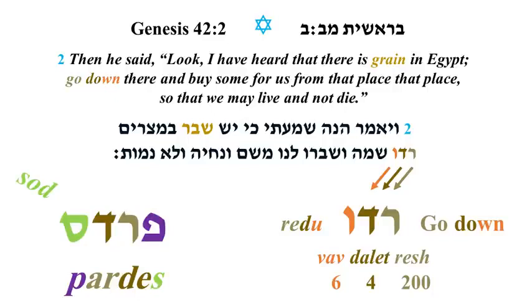The word we said earlier, redu, is to go down. Redu is a resh, dalet, vav. 200, 4, and 6 adds up to 210. Okay, that's nice. 210, by the way, is 21 times 10. That's 3 times 7 times 3 plus 7. I got my 3s and 7s there. That's nice.